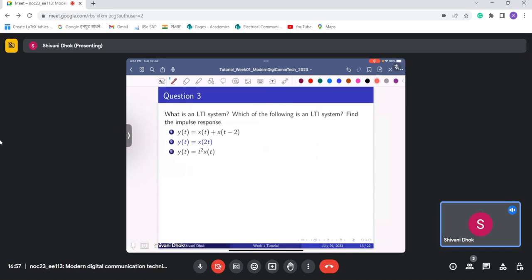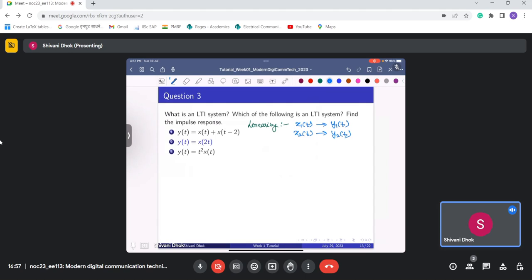Okay, so the next part of this question is y(t) equal to x(2t). Again, let's check linearity first. Let's say x1(t) has an output y1(t) and x2(t) has output y2(t).